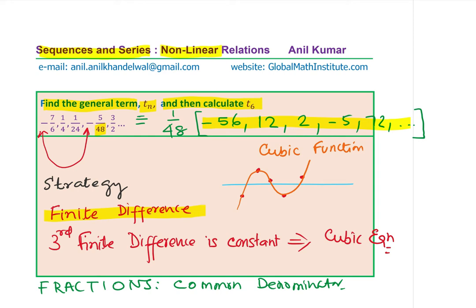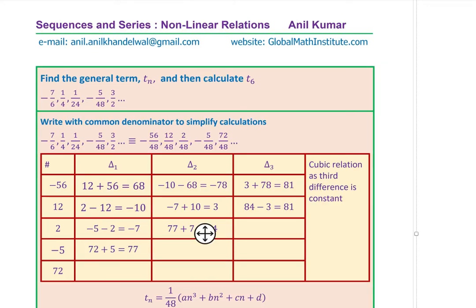Now let us see how we find the finite difference. Just as I was saying, I'm rewriting the sequence given to us with an equivalent sequence. What I've done here is taken 48 as the common denominator, multiplying the numerator and denominator in a way that we get a sequence with denominator of 48.